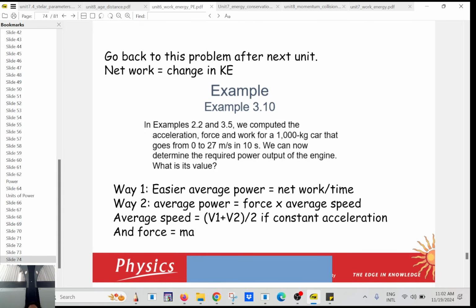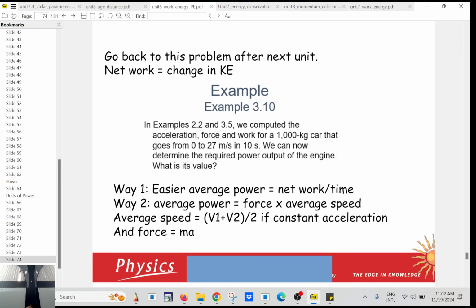Okay, so here, for example, a very easy example, and you have two ways to do it. You can say the average power by definition is the net work over time. Agree?